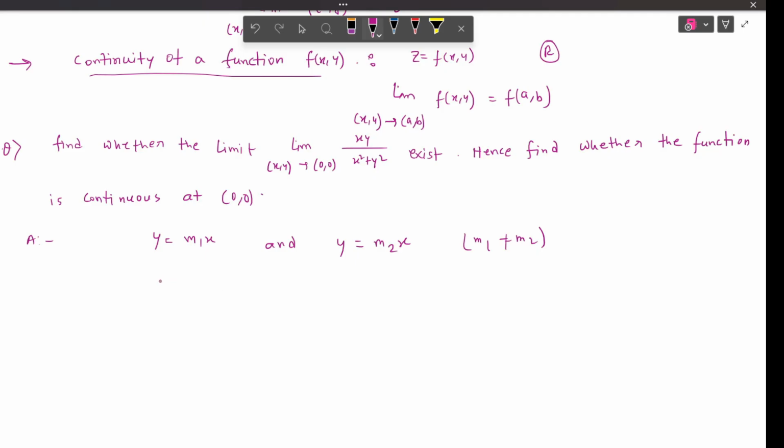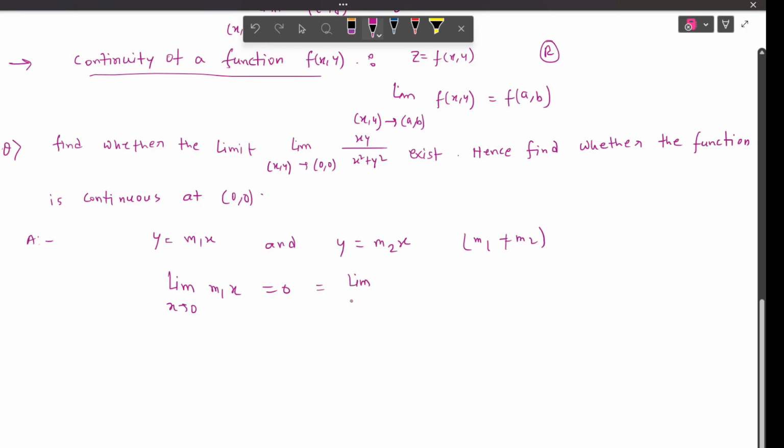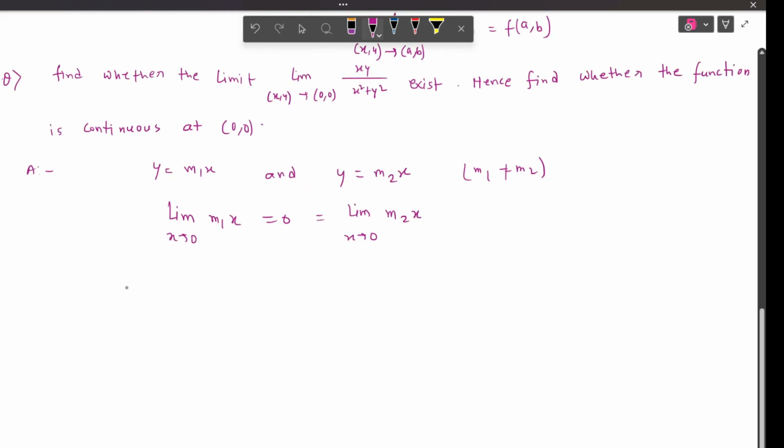So we can say that limit x tends to 0, m1x should be 0, and limit x tends to 0, m2x should also be 0. So let us put this y value in this given limit.